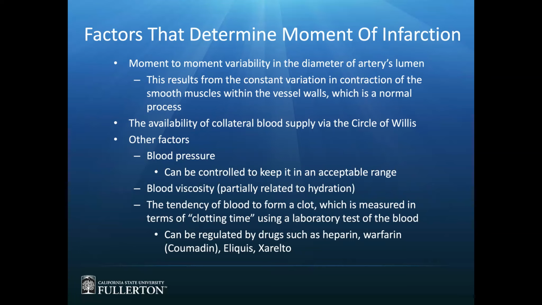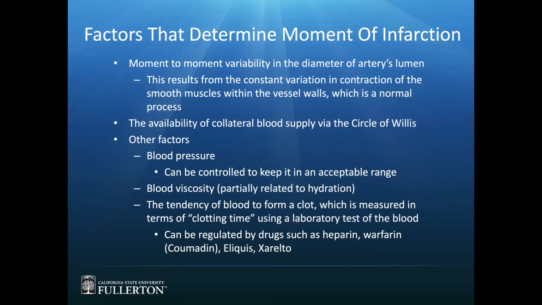Another factor is blood pressure. Now, blood pressure is a risk factor for development of atherothrombotic disease. But you also have to have a certain amount of it to keep the blood going through all your vessels, including these diseased ones.